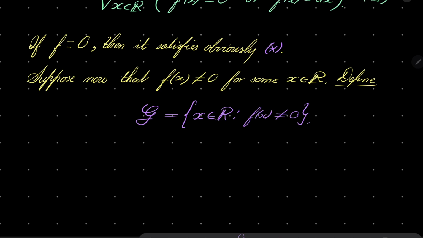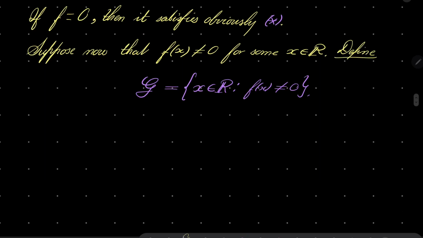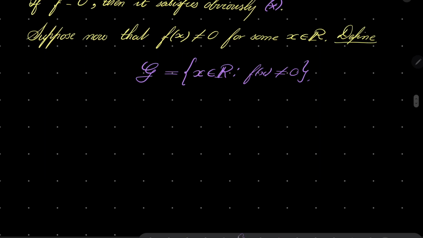Obviously, because we assume that f of x is not constantly 0, we know that G is non-empty.